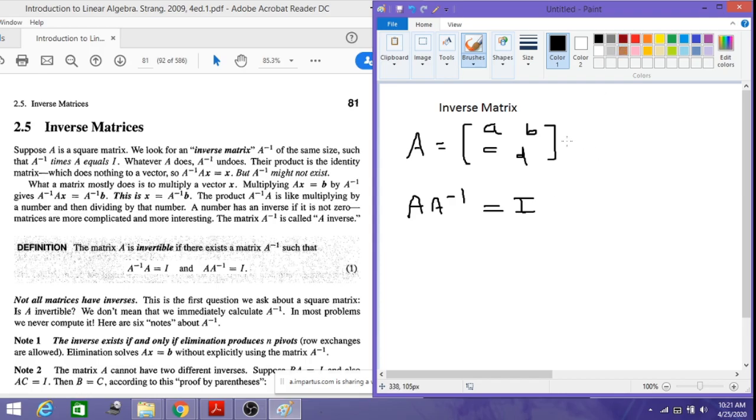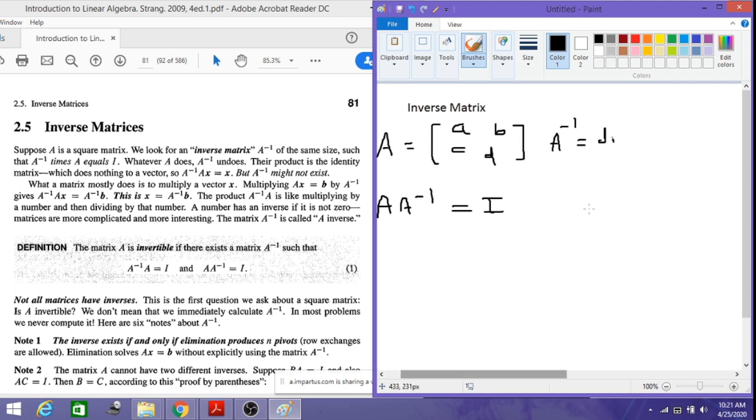Now A inverse is nothing but one over the determinant multiplied by the adjoint of A. So this is what it means.